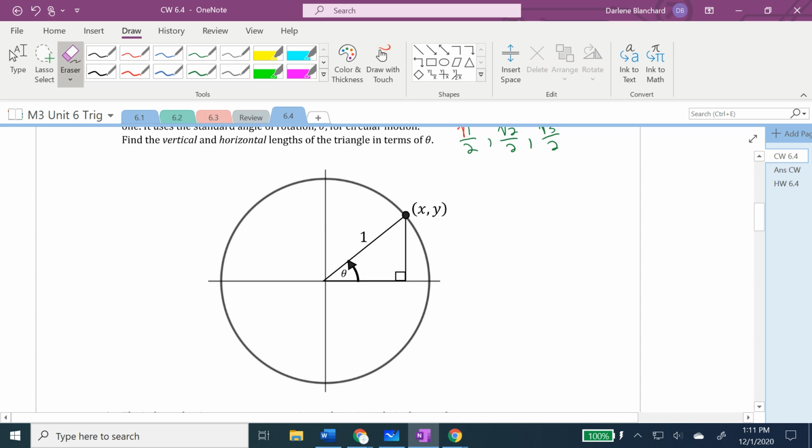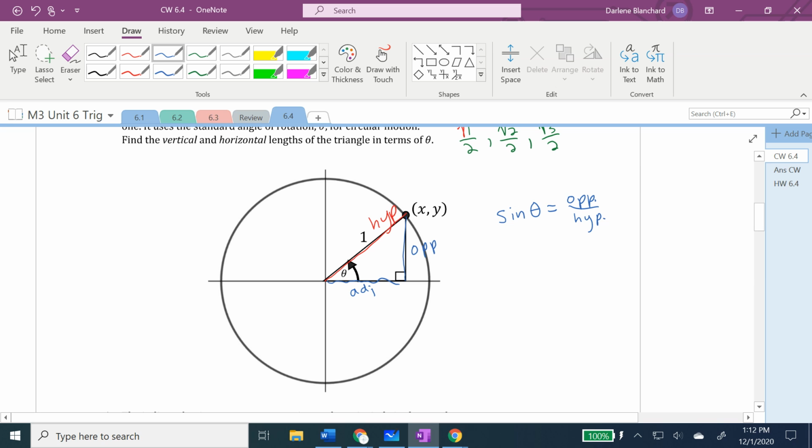So here we go. This right triangle, we have a hypotenuse that we know is length 1. We have 2 legs. This one is adjacent to the angle. This one is opposite the angle. We know that the sine of an angle in a right triangle is opposite over hypotenuse.